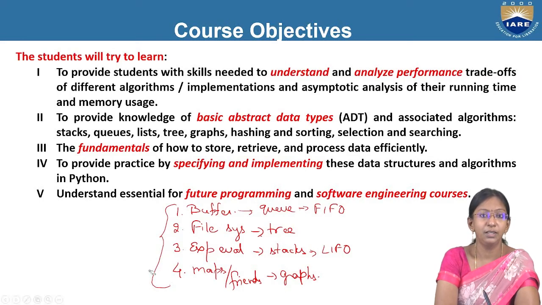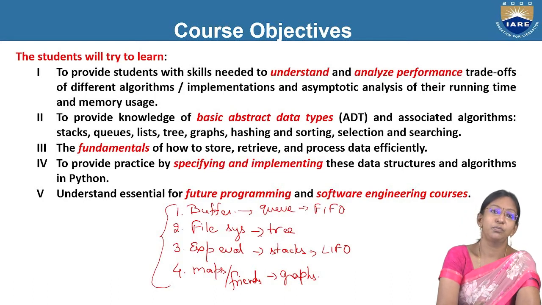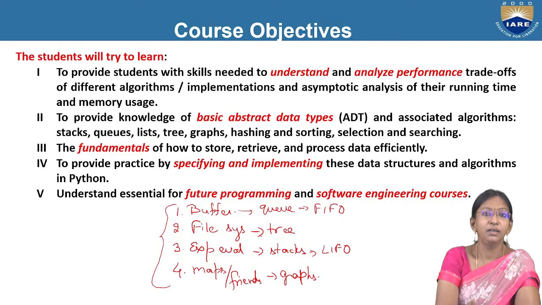Data structures are a fundamental phenomenon which exists in our computers for their proper working. See, for memory management and resource allocation, queues are used, right? For functions, stacks are used.